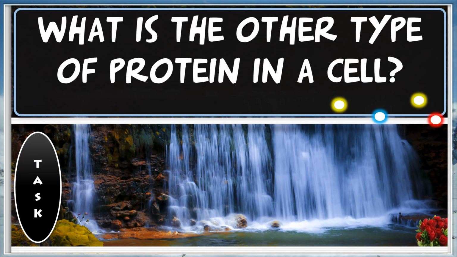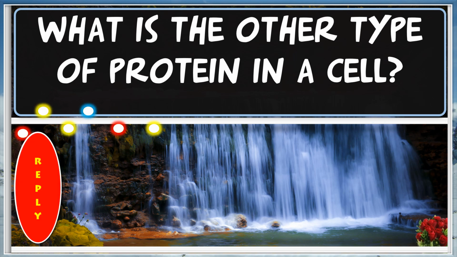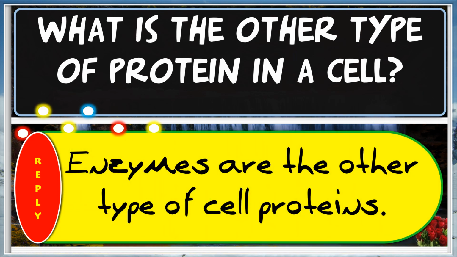What is the other type of protein in a cell? Enzymes are the other type of cell proteins.